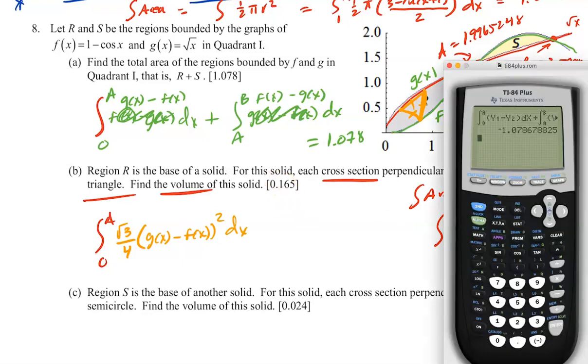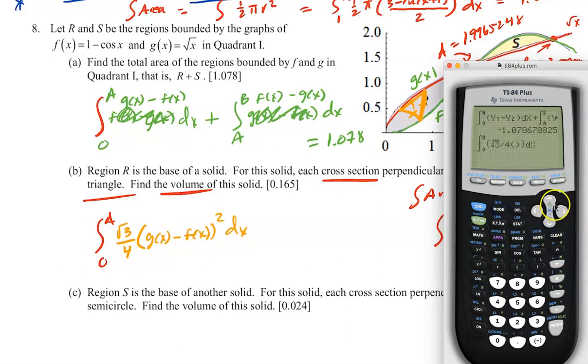Now we just plug into our calculator. So I'm going to go math 9, go 0 to A, alpha A, and then we're going to go square root of 3, second square root 3 divided by 4, and parentheses, g of x minus, so remember g of x was y2, so second y2. And actually before I do this, I got to square it all.